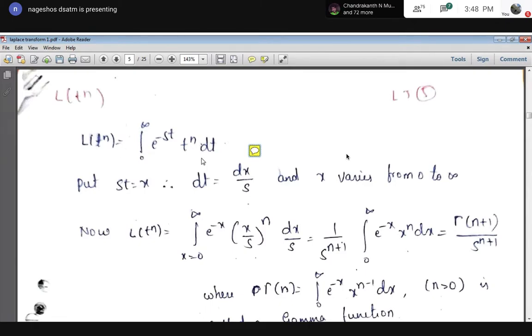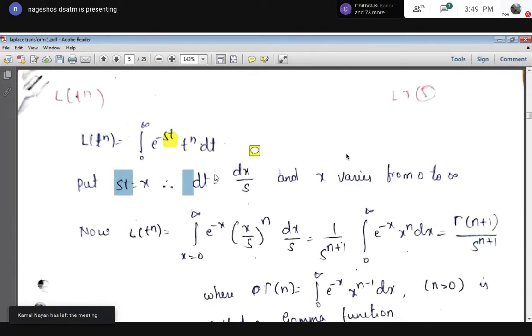Now, for this function t power n, take st as x. Then dt is dx by s, and x is from 0 to infinity only. How?